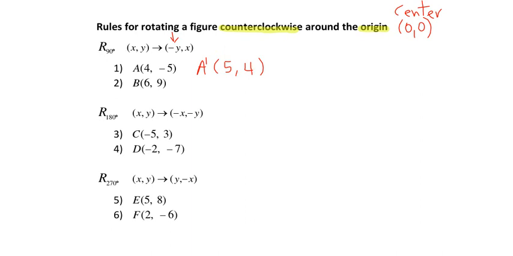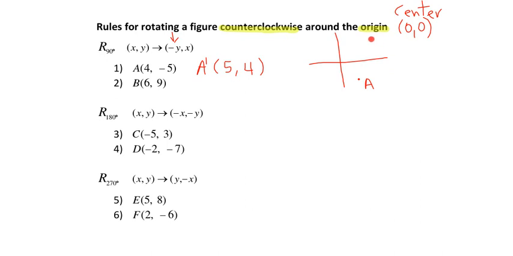Let me just show very quickly what it should look like on the coordinate plane. For example, just approximating, the original point A should be 4, -5, let's say somewhere over here. That should be A. And so if you're moving 90 degrees counterclockwise, this should go from the fourth quadrant to the first quadrant, because that's going to be a counterclockwise direction movement in 90 degrees.